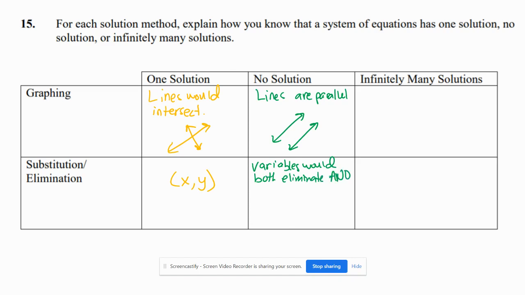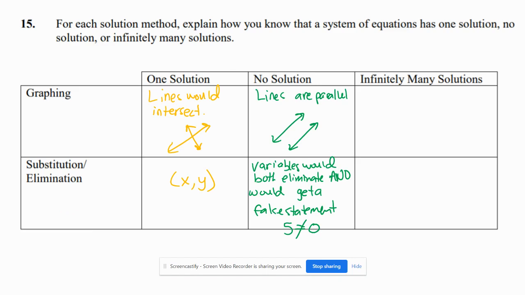And super important, I would get a false statement. So for example, I might end up with something like 5 is equal to 0, which I know is not the case.